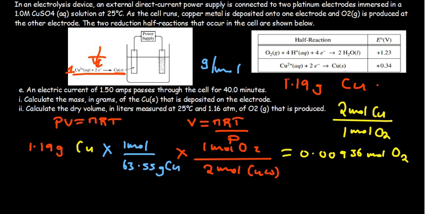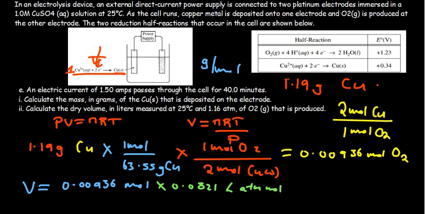We can now use our equation since every value is available. So our volume is equal to nRT over pressure, where n is denoting the number of moles, which we've calculated to be 0.00936 moles. The gas constant is 0.0821 liter atm per mole per Kelvin.